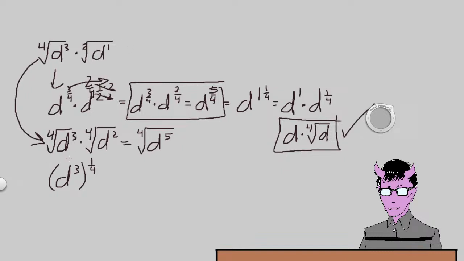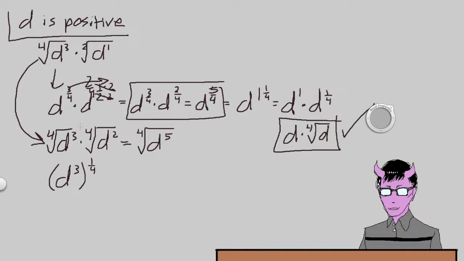Most problems avoid the situation by telling you that d is a positive number, and you will see that in textbooks because it avoids a lot of headaches. But in this case, d cannot be a negative value, because you can't take the 4th root of a negative value, just like you can't take the square root of a negative value, because you're drifting into imaginary numbers territory. But more on that maybe later.